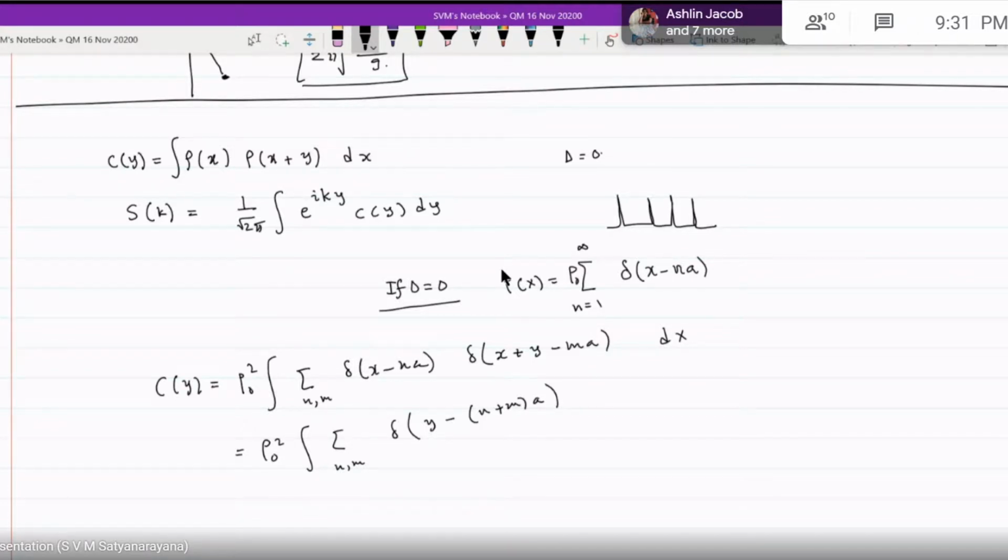And when I substitute this in this particular case, my S(k) will be equal to the sum over n, m of e to the ik into n plus m.